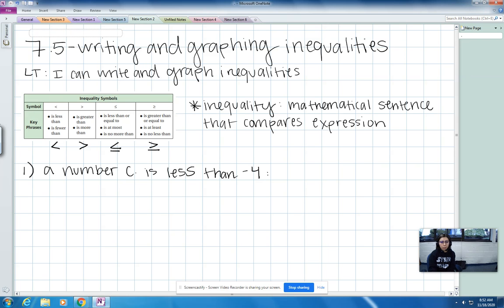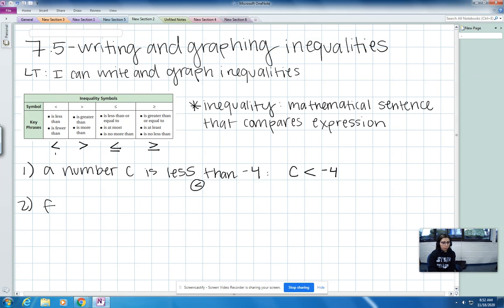All right, so a number C, that just means the variable C. Then we see the words less than. If I go up into my chart, I see that this guy right here, that one means less than. So I'm going to go ahead and put a less than symbol, -4. And that is it.